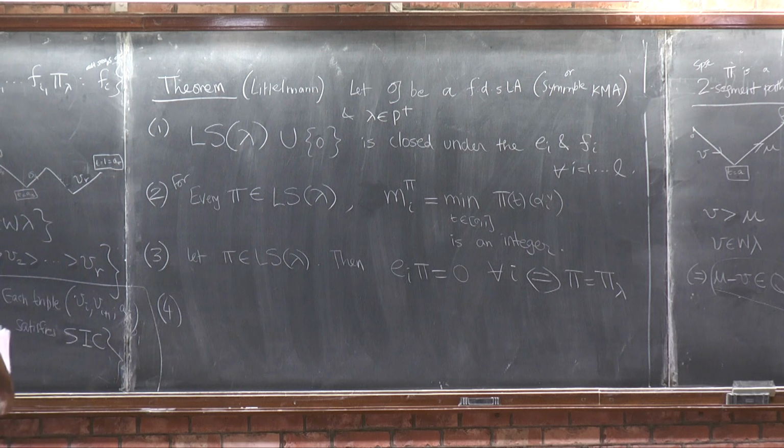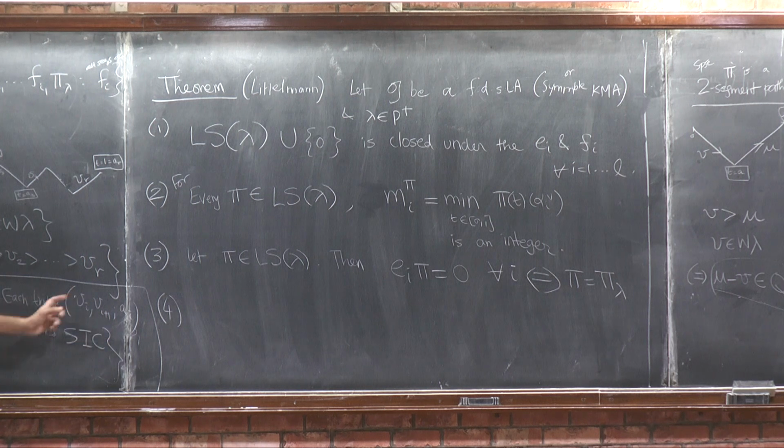So by the way, notice that by this definition of the Lakshmi-Seshadri paths, all the single segmented paths are automatically in LS lambda. The condition for LS really kicks in only when you have two segments. When I have two segments, there is that time stamp at which a transition occurs between the incoming and outgoing directions, and there you need to impose the integrality.